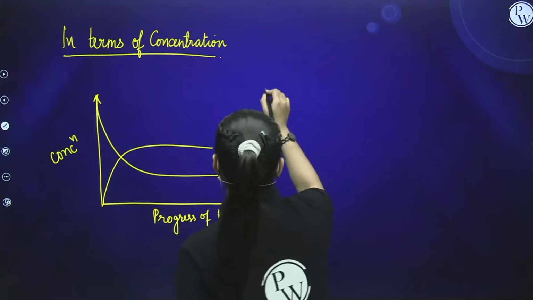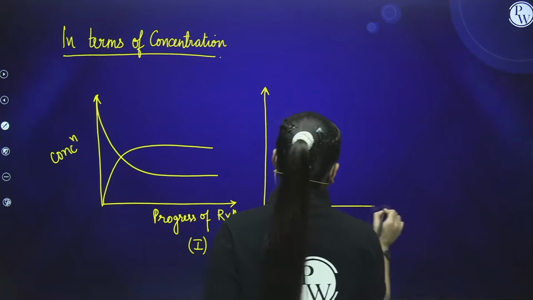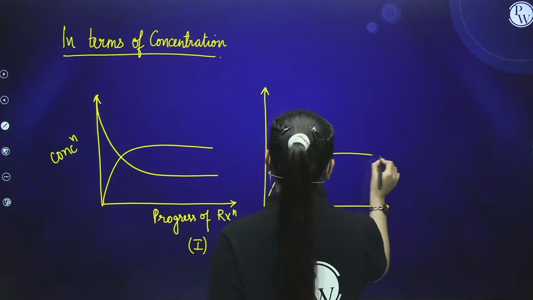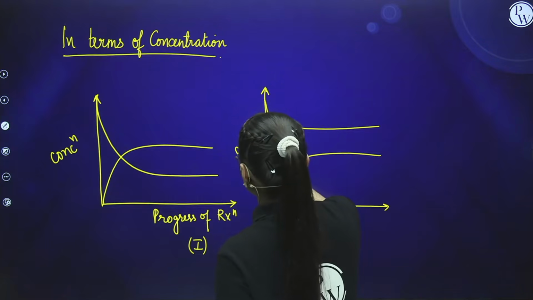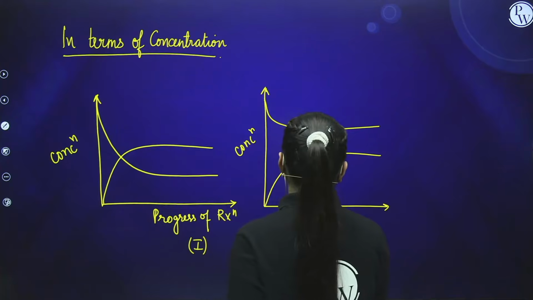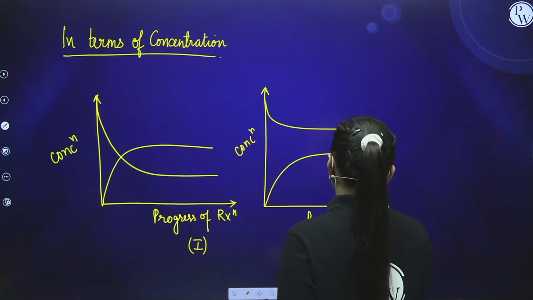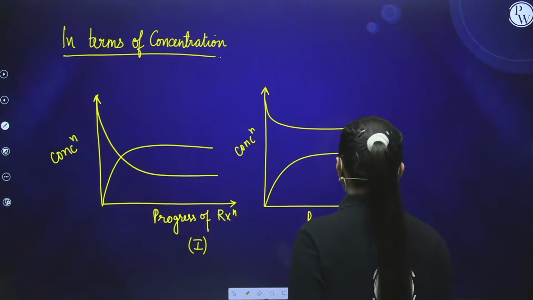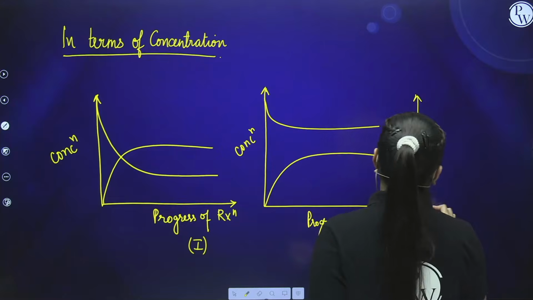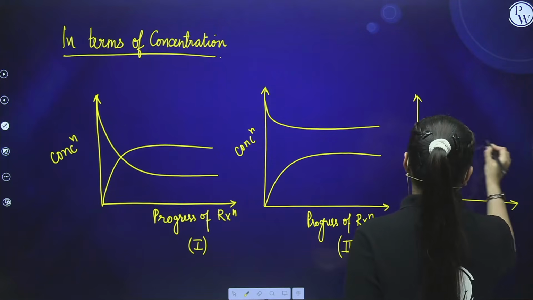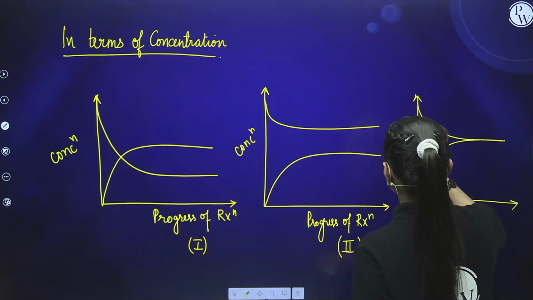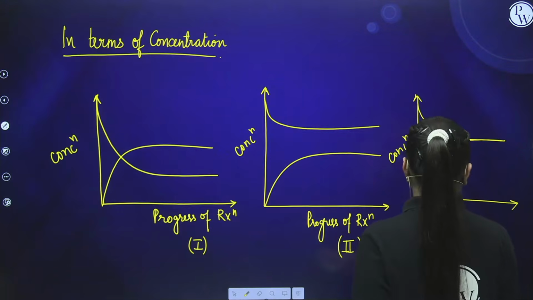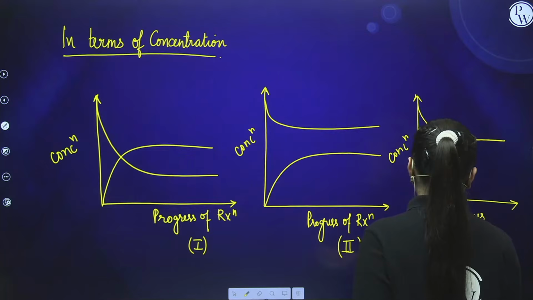The second graph, again it's concentration with respect to progress of reaction. And the last, third one: this is your concentration and here is your progress. This is your third graph.